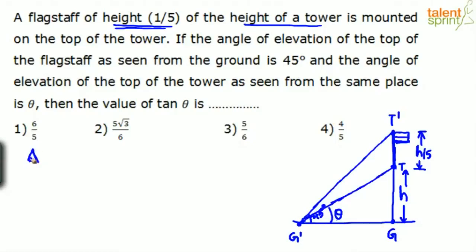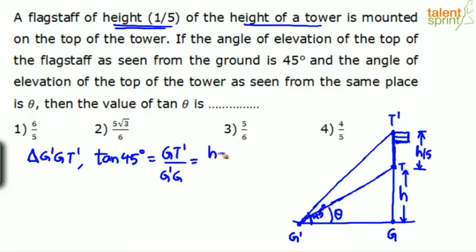Triangle, let's say G dash, G, T dash. In this triangle, what do we see? Tan 45 degrees. What is tan 45 degrees? Tan 45 is opposite, the complete length GT dash, divided by G dash G. Now, what is GT dash? It is H plus H/5.